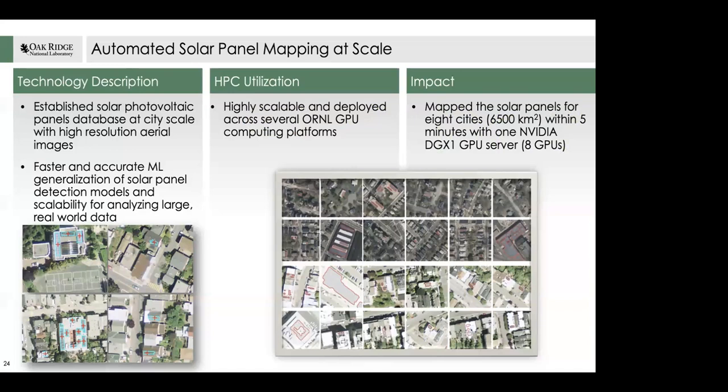The question is, why do you want to know where solar panels are, right? The reason is that who has solar panels is not public information, okay? And the companies who do installs, their last mile is really hindered by their lack of knowledge of where they should go and do this, right?